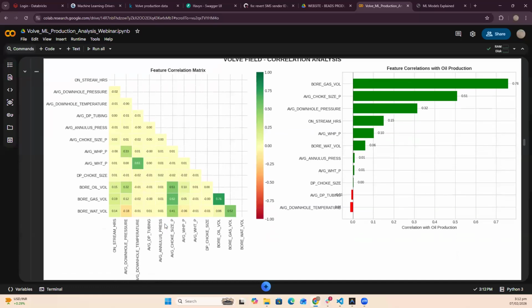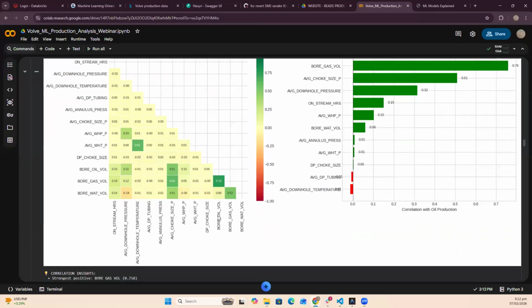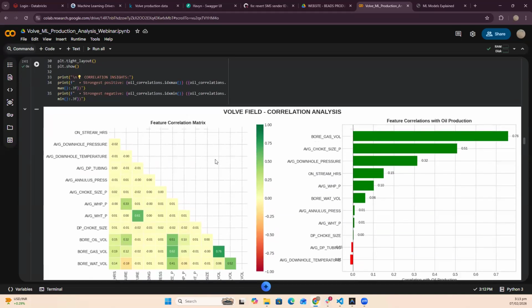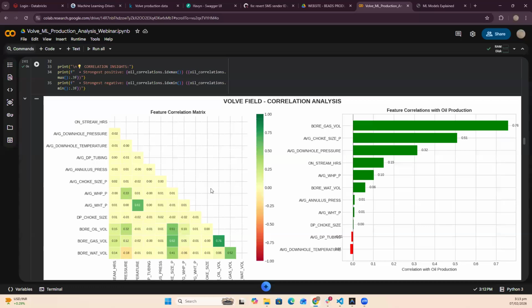We can see from here that oil and gas had the best correlation, right? So basically, they are related. If gas goes high, that means oil too will go high, right? So we have all these plots to show us how relationships look like.